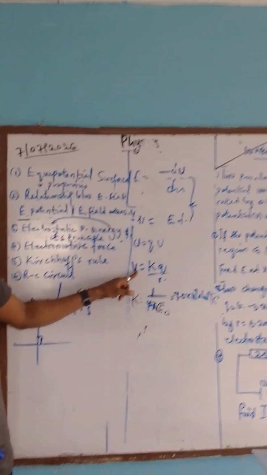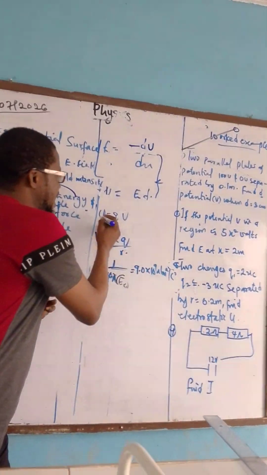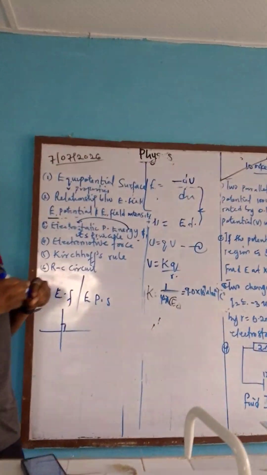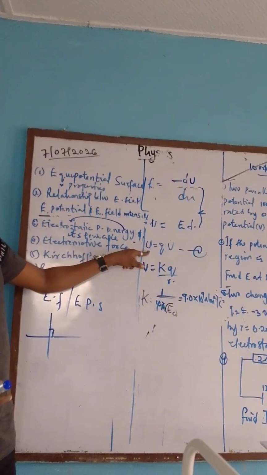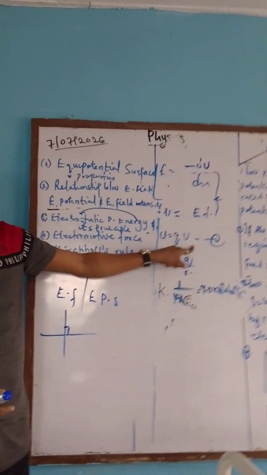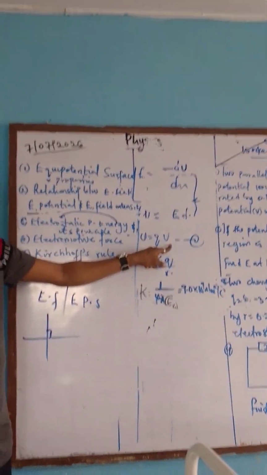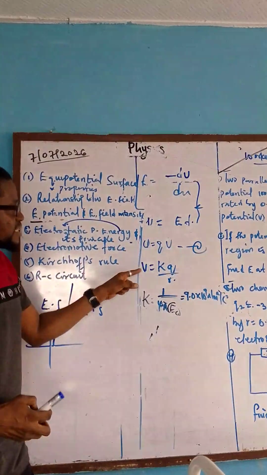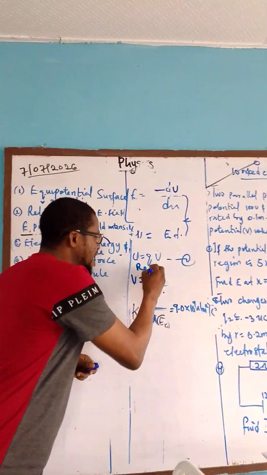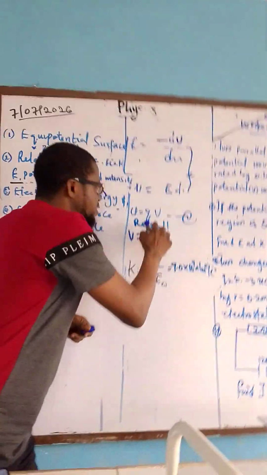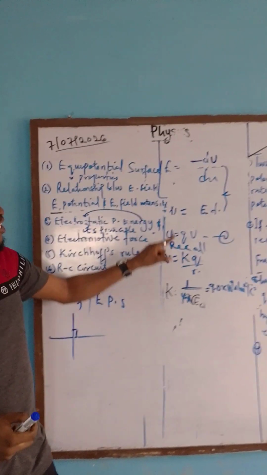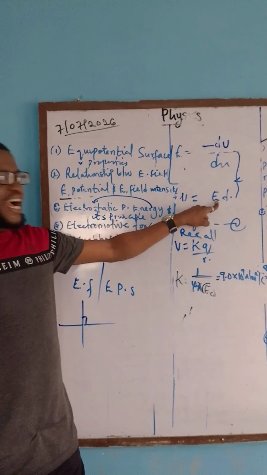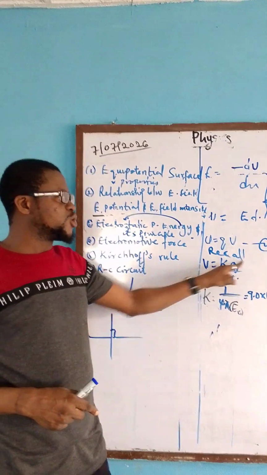If I have this for V, and I have U, let's call this one equation 1, which is the formula for electrostatic potential energy. Q times what? V. Charge times electric what? Potential. Now let's recall that this electric potential can as well be given by this formula, KQ over what?